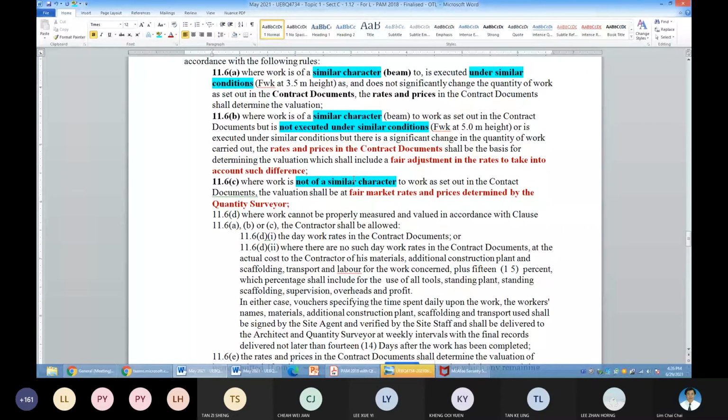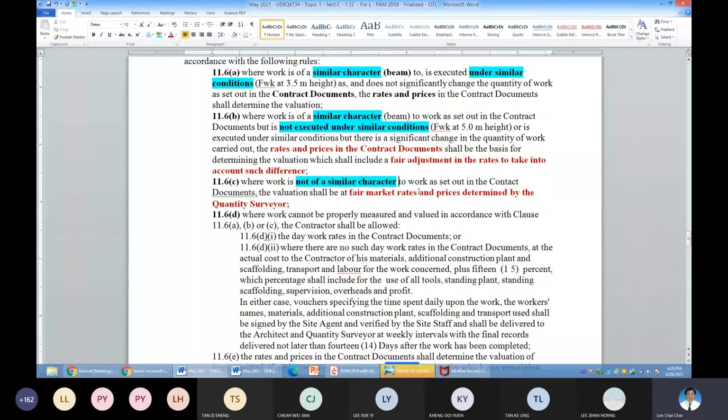Then D. So I give you examples on C. For example, in your contract, you have your beam and column, but now you're asked to do something, maybe a slab that is totally not available in your project description.